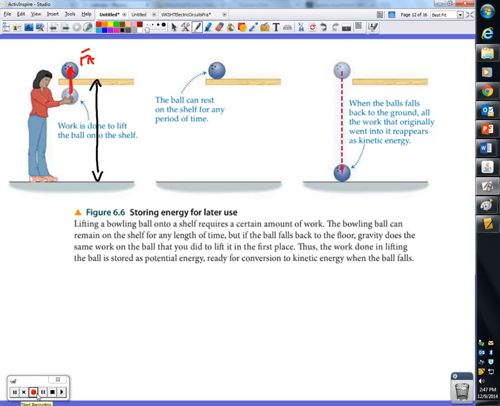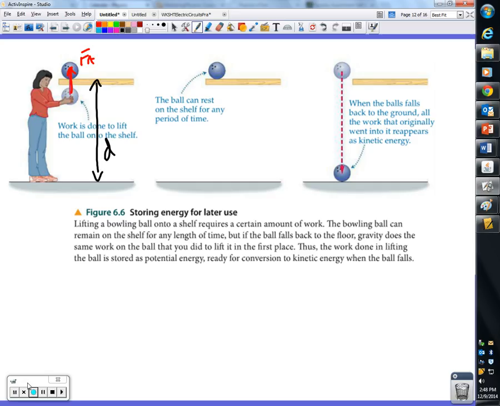In the course of applying that force, she has moved the bowling ball from the ground to the shelf a certain distance. Has she applied force? Has the object moved a certain distance because of her force?